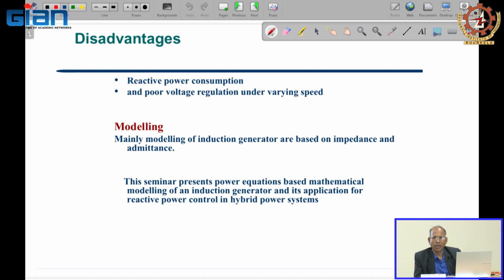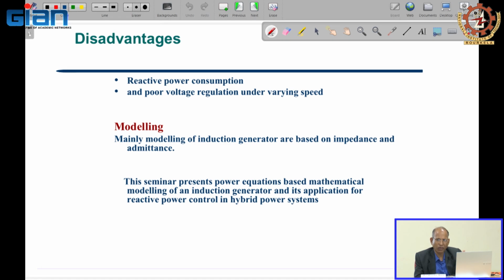But if the induction generator is connected to the grid, you can get the reactive power either from the grid or by connecting a capacitor bank along with the generator. If you draw from the grid, it will stress the grid. So there are different options, but the induction generator needs reactive power for its operation.